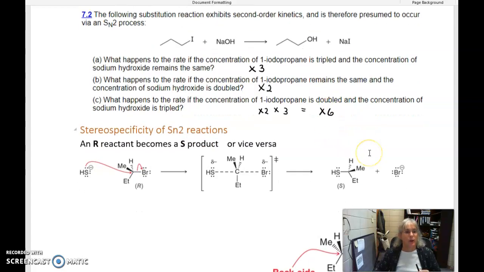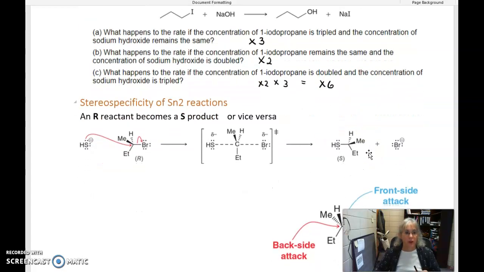Now, what's very interesting about these reactions is that they are stereospecific. If we start with an R, we will end with an S. So if your carbon that's being attacked here is a chiral center, you will have an inversion of configuration. And what happens here is that this nucleophile comes in. It cannot come in from this side.